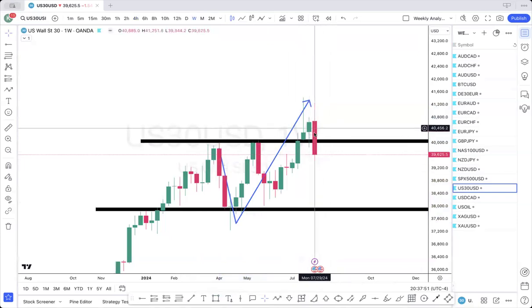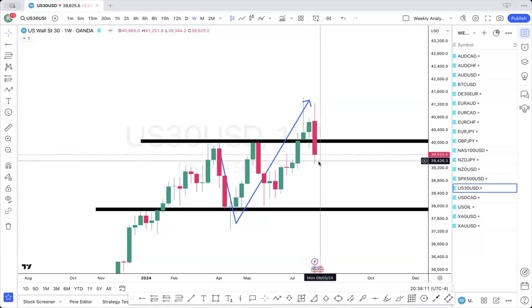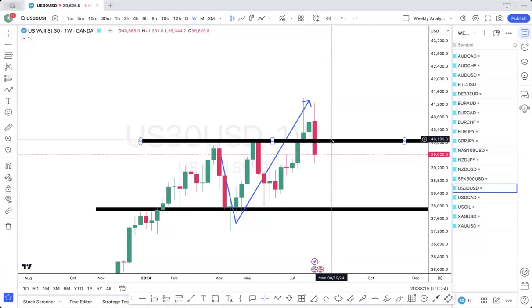So price gave a bearish order block for the week. Does that mean it's going to sell? Maybe. Maybe not. Price is currently filling in this imbalance. So I definitely see price pushing back up to this zone.